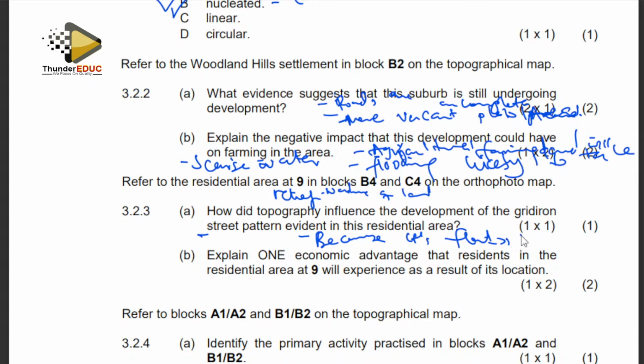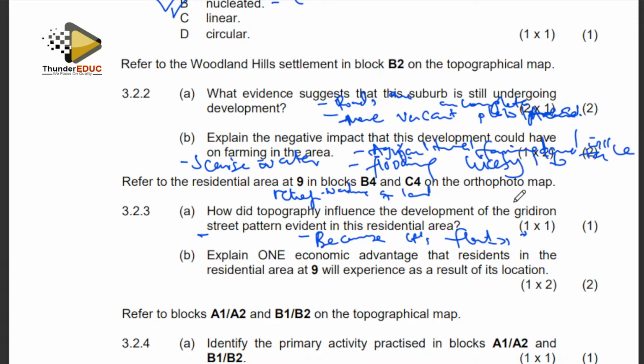Okay, it is flat, and also it being flat, it is easy for the streets to be properly constructed. Remember, for the grid street pattern to take place, the gradient must be flat, so that you can have one way going to the other side, one way coming this other side, or two ways going and coming back. So you can easily construct the junctions within the road because of that nature of the land, which is flat.